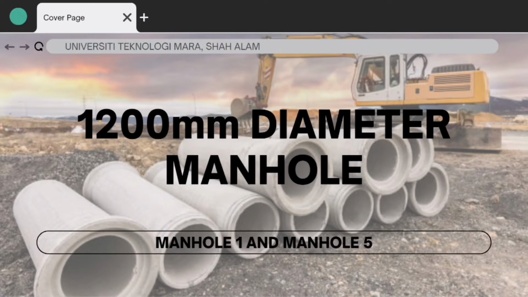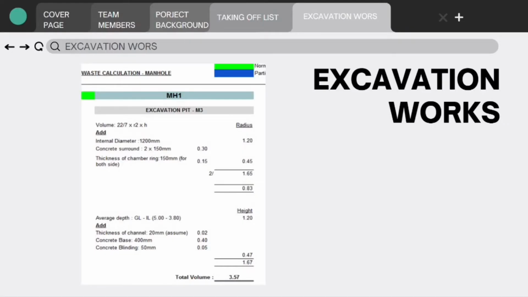Next, for manhole, there are two types of manhole, which are normal cylinder and partial cone manhole. MH1 is the normal cylinder manhole and MH5 is the partial cone manhole. Excavation works for MH1. The first step is to identify the radius of the manhole.